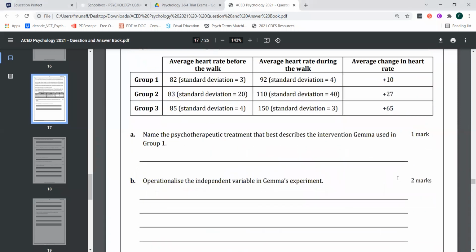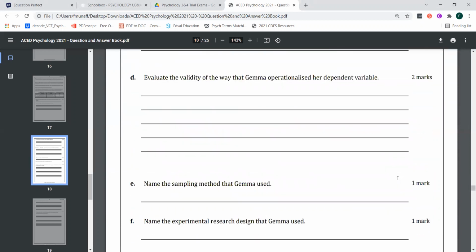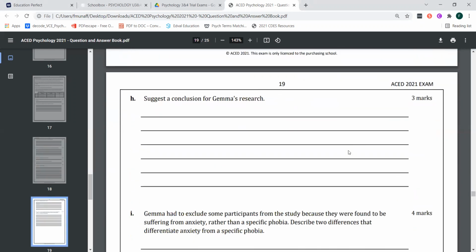So if I go back down, okay, so yep, we include the sample.